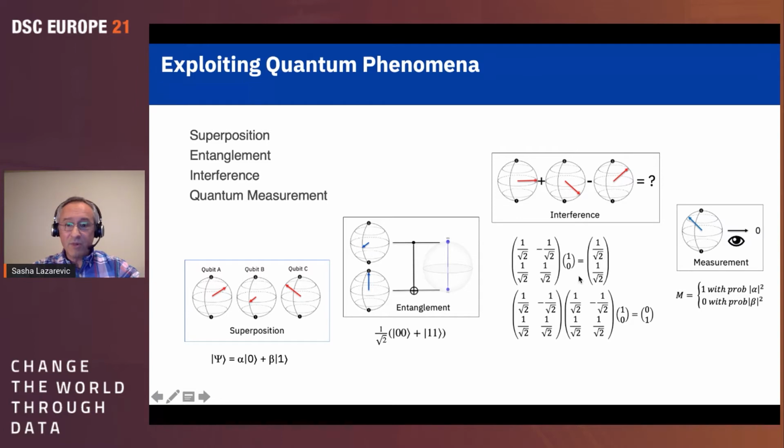And if I apply this unitary matrix twice, then this probability amplitude vector is evolving. So this probability is increasing, and this upper one is just going to 0. So this is the interference. We are evolving our quantum system towards the expected result of our calculation.